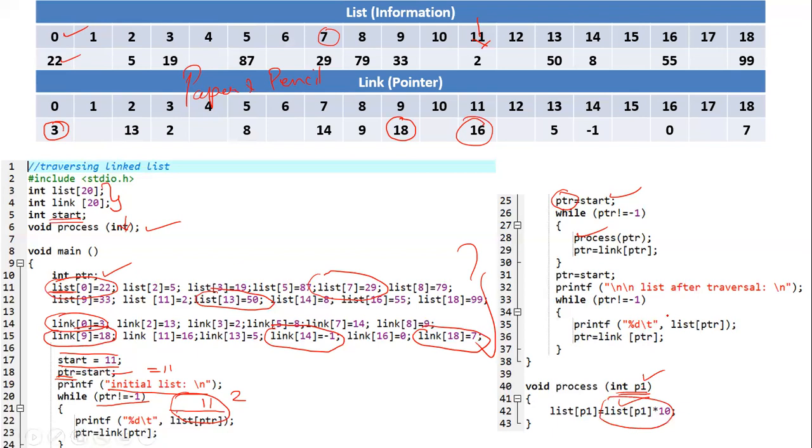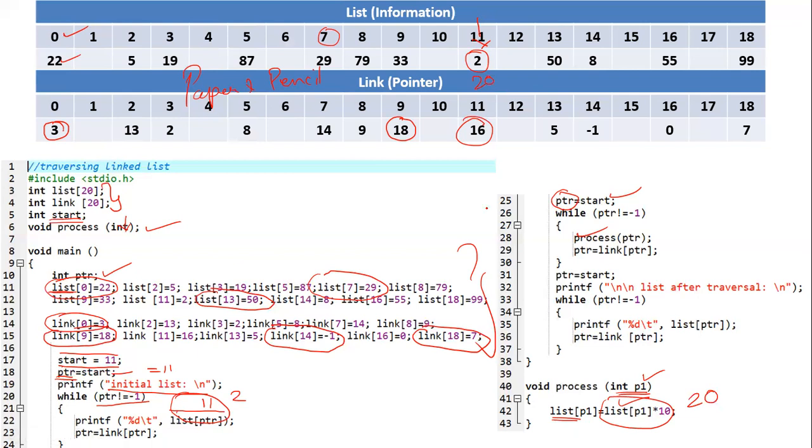In this context, our start is having the value 11, and in that you have the information 2. So 2 into 10, you will get the value 20. That will be the updated value on the list. So in the updated list, instead of 2, you will have 20.